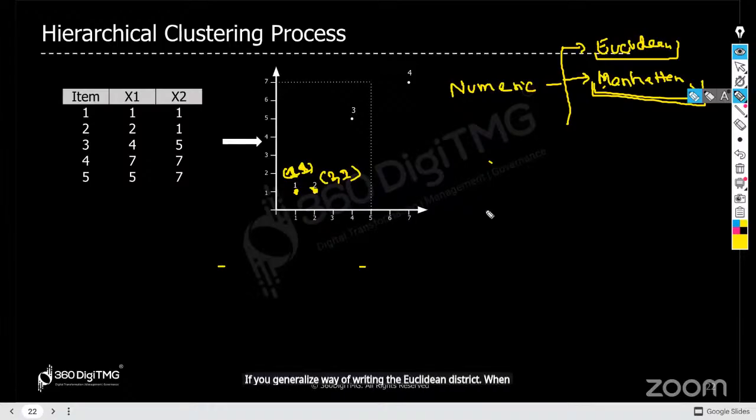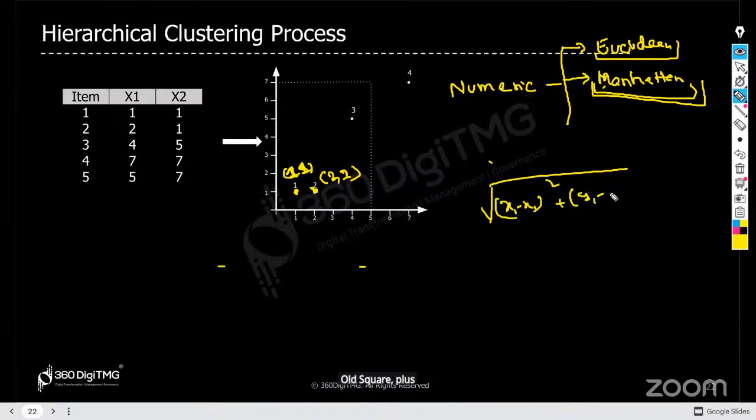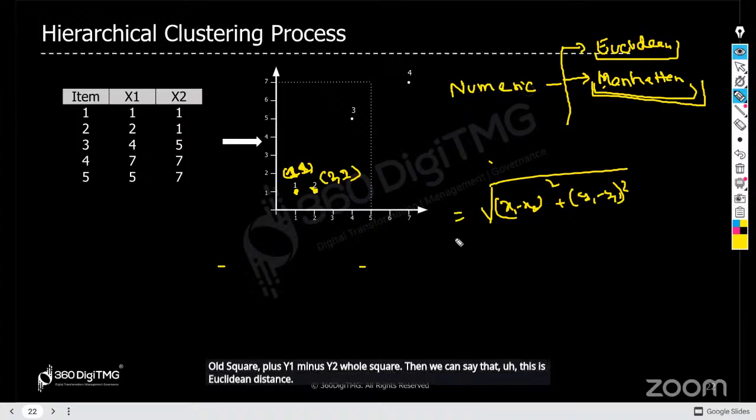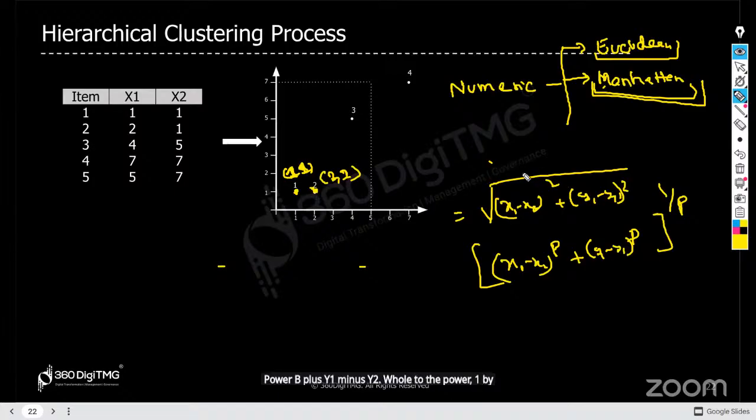When we have Euclidean distance, we have (x1 minus x2) whole square plus (y1 minus y2) whole square. Then we can say that this is Euclidean distance. If I write it like this, (x1 minus x2) to the power p plus (y1 minus y2) to the power p, whole to the power 1 by p, then in Euclidean distance, the p value is 2.